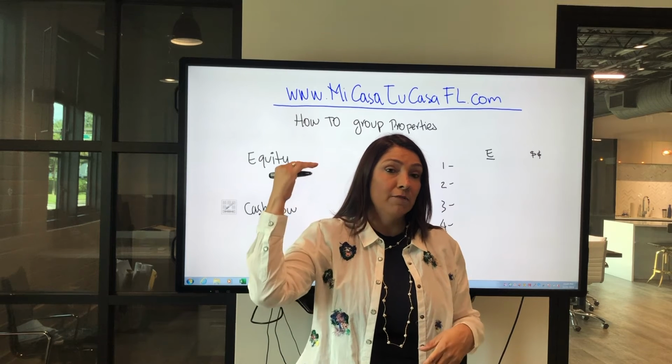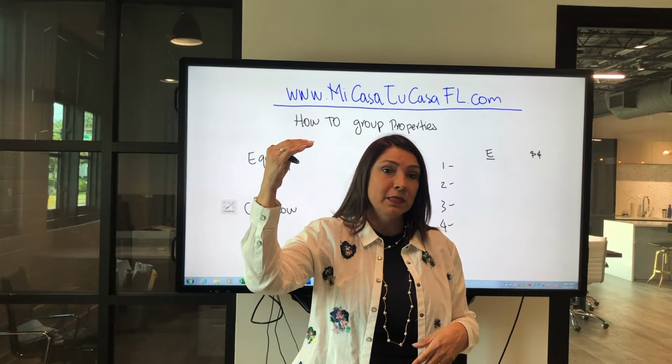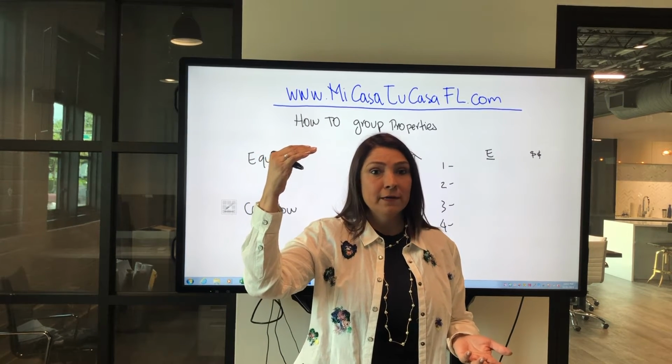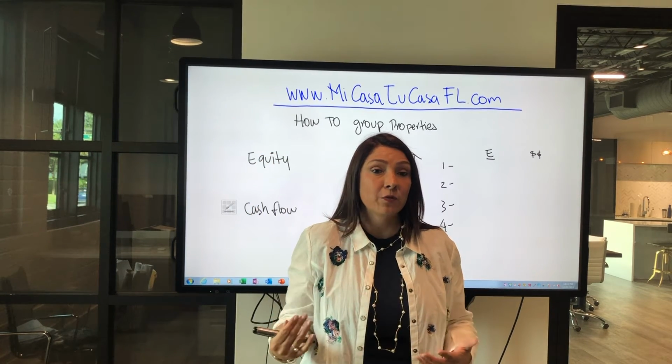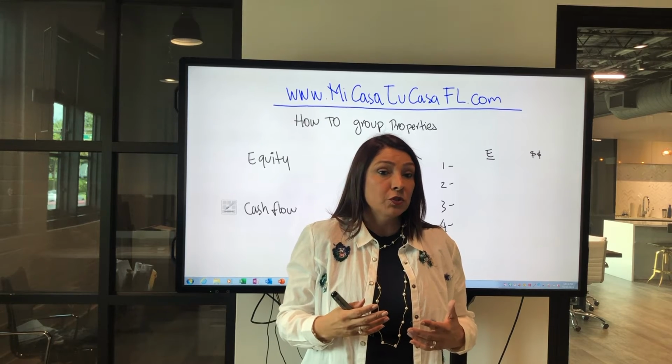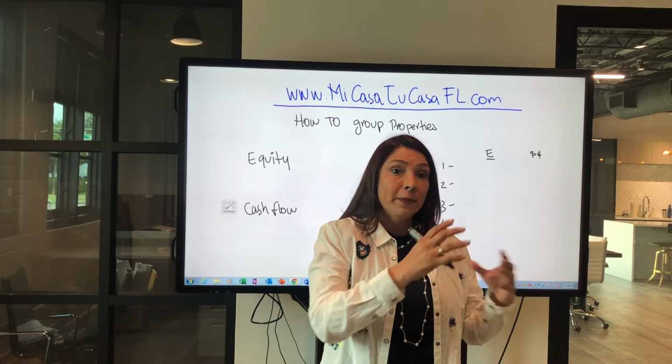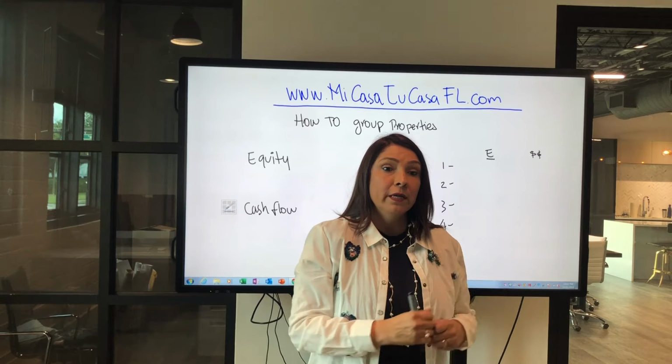Let's say you have a $200,000 property, but your loan is only $100,000. So you have $100,000 in equity. What you're trying to do is group them depending on the equity you have.